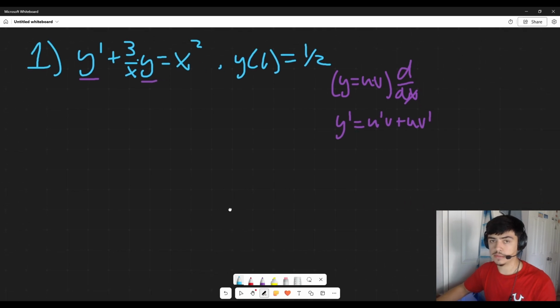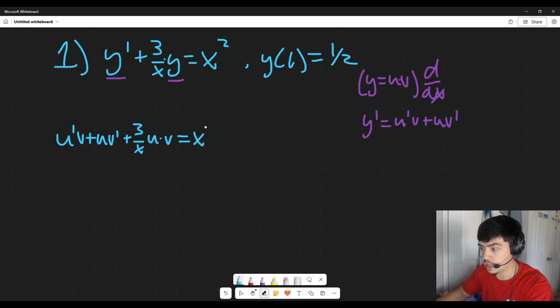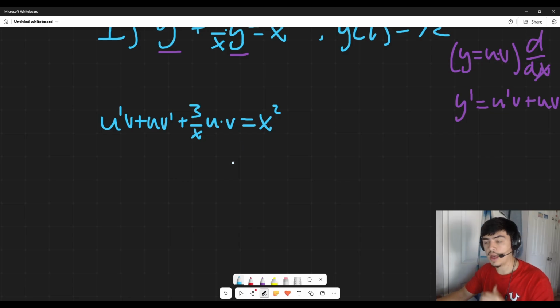So substituting it in, we get u prime times v plus u times v prime plus 3 over x times y, which was our u times v, equals x squared. Now, the next step is, most of the time we do this, we're going to be able to factor out a u, right?